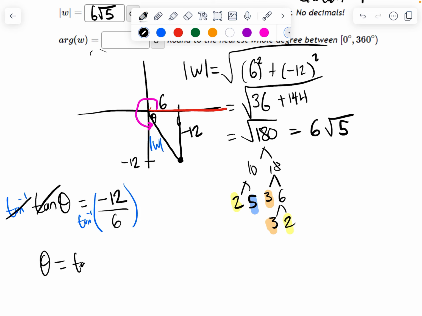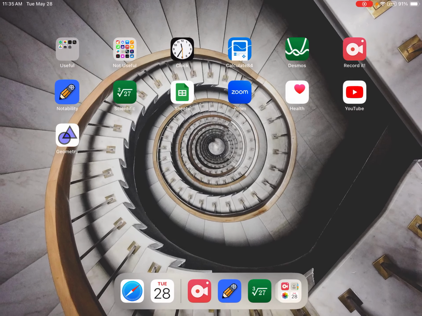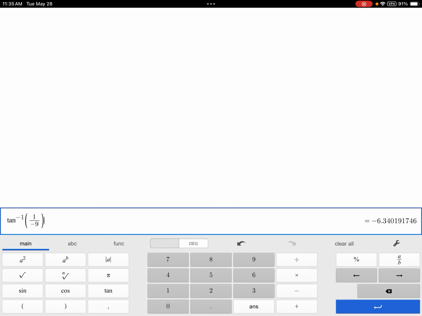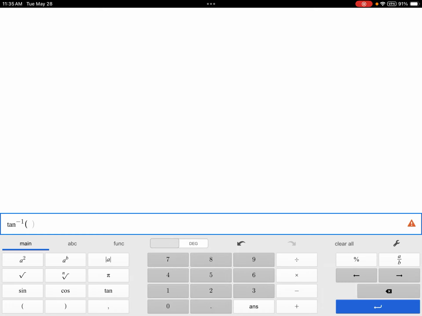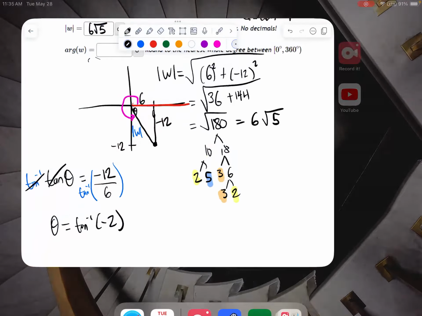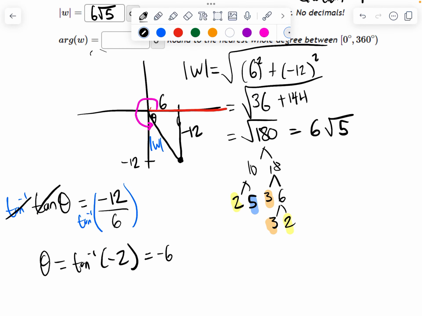Theta equals the inverse tangent of negative 12 over 6, which I'm just going to simplify to negative 2. And there is the angle inside of that triangle. So inverse tangent of negative 2, and we get negative 63 degrees. I'm going to round to the nearest whole.